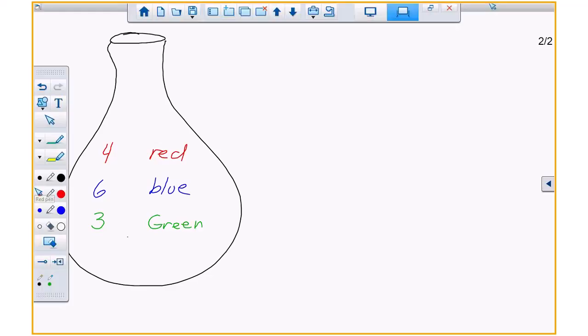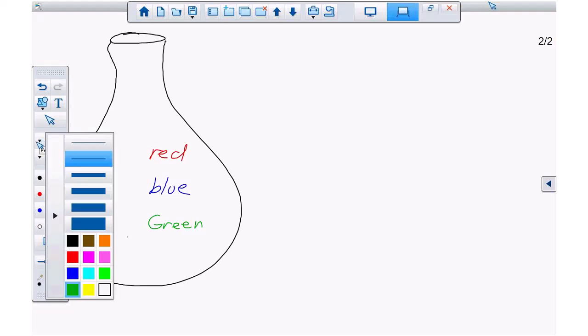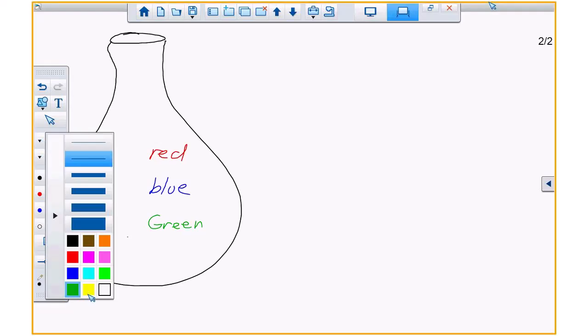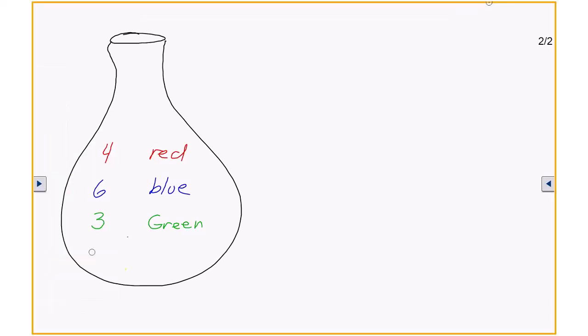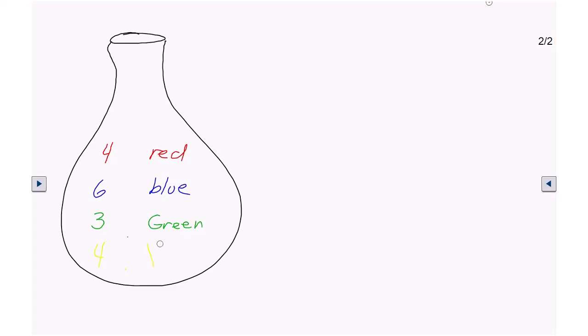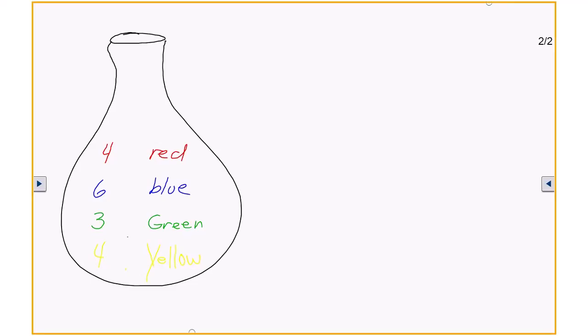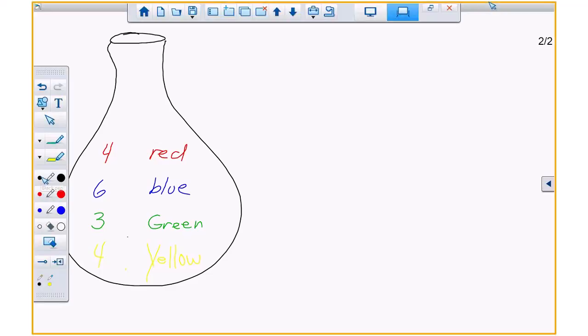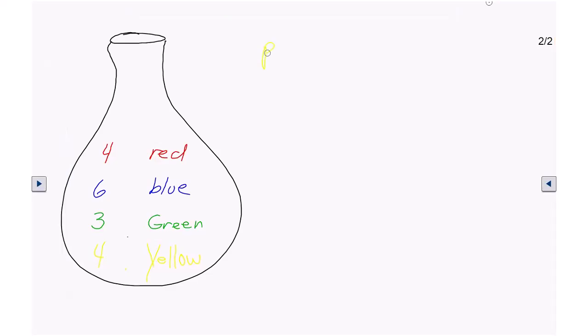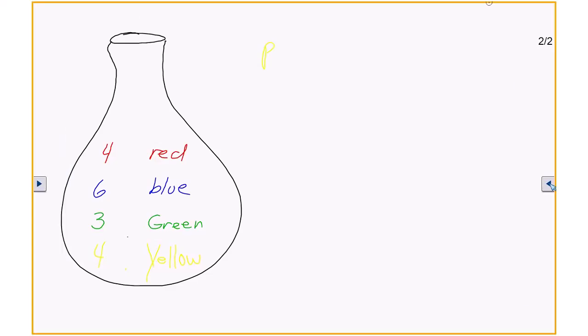My favorite color is yellow, so we'll do 4 yellow marbles. My second favorite color is brown, but I'm not going to do brown marbles. Everybody with me?